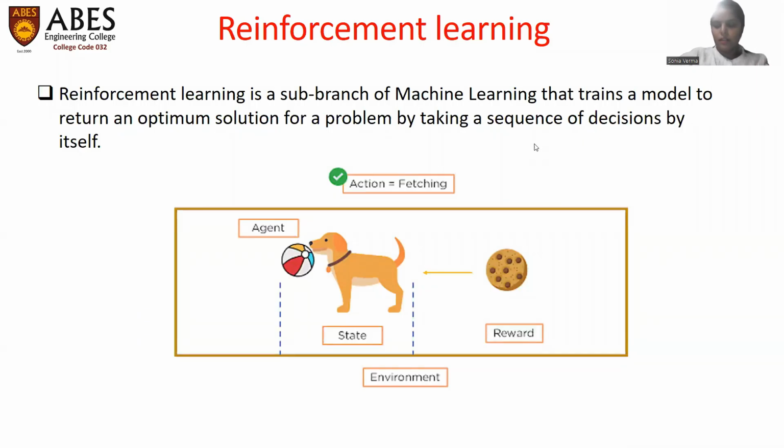So we can say that reinforcement learning is an area of machine learning concerned with how an intelligent agent ought to take actions in an environment in order to maximize the notion of cumulative reward. So that's all about reinforcement learning.